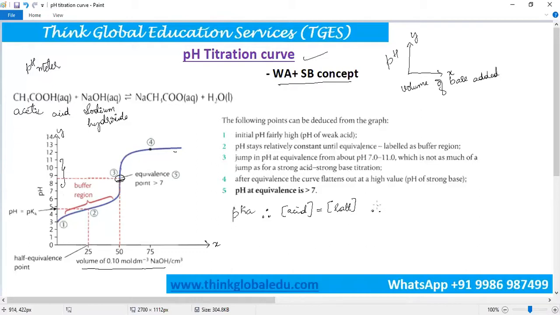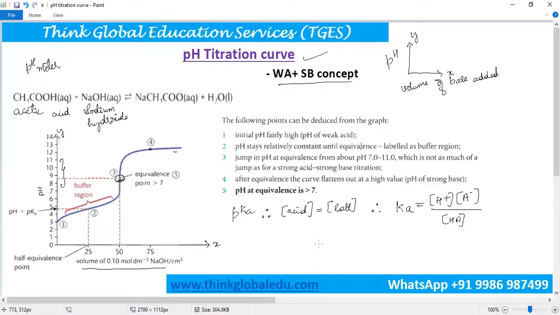Therefore, the equilibrium expression becomes Ka of the acid equal to the concentration of H+ times the concentration of A- divided by the concentration of HA, which is the acid.